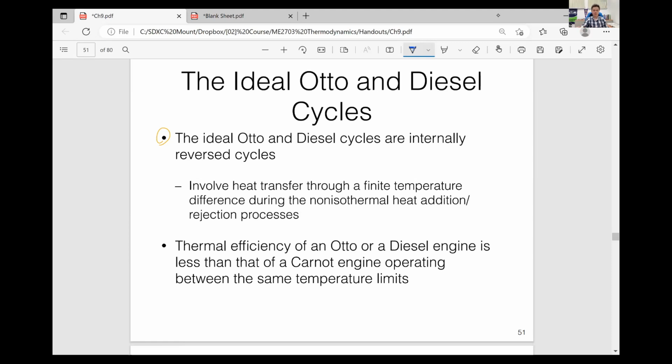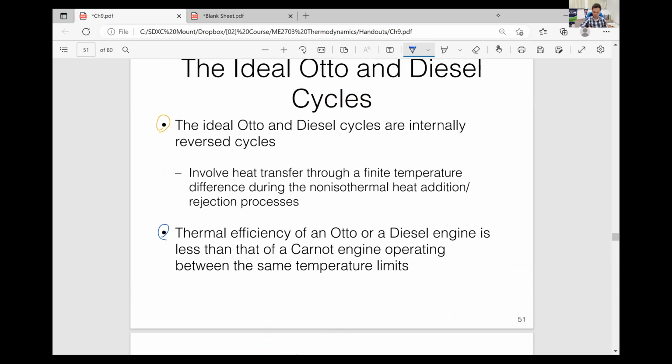Otto and diesel cycles are just internally reversible cycles. So the thermal efficiency of an Otto or a diesel engine is less than that of a Carnot engine operating between the same temperature limits, because a Carnot engine is totally reversible. So the Carnot cycle is still the best.